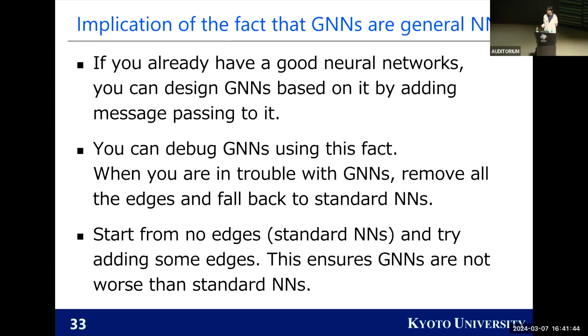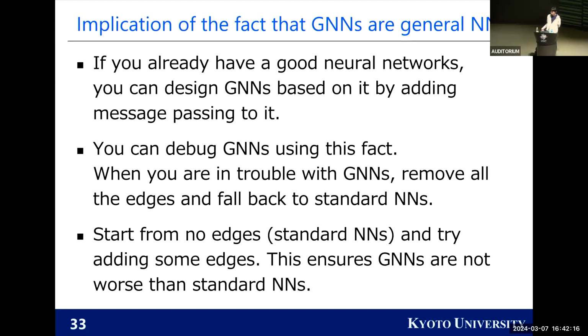And we can expect that such graph networks also work as well as the initial good neural networks. For example, if the node features are images, then we can start from convolutional networks or a vision transformer as GL, and then add a message passing mechanism to such neural networks and enhance the performance by utilizing message passing.